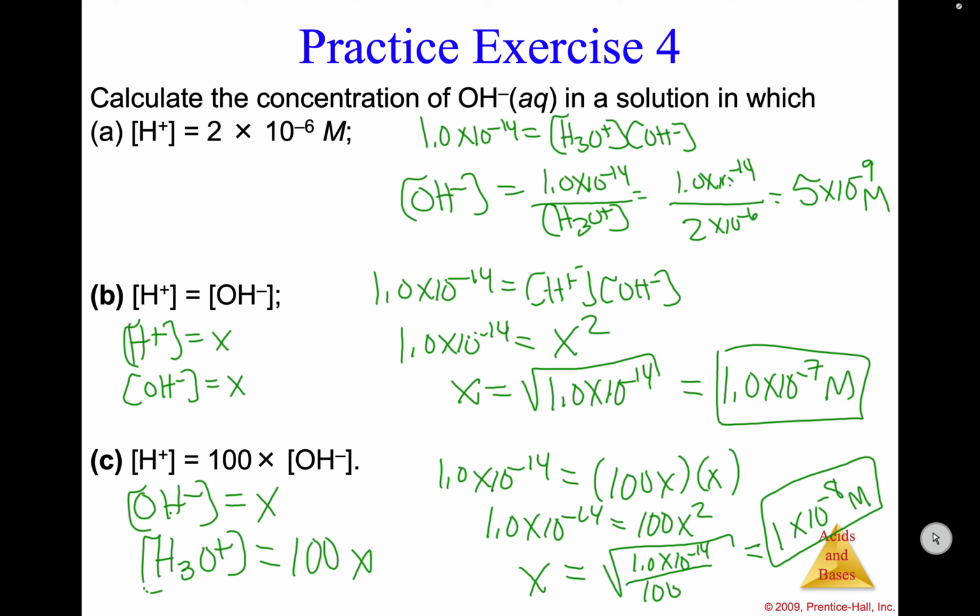Once I put that into my calculator, I got 1 times 10 to the negative 8 molar. Did anybody else get that? A couple students, good.